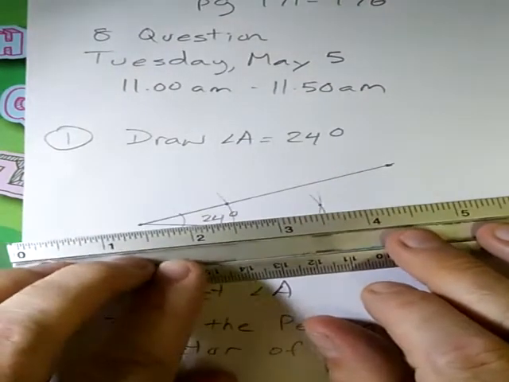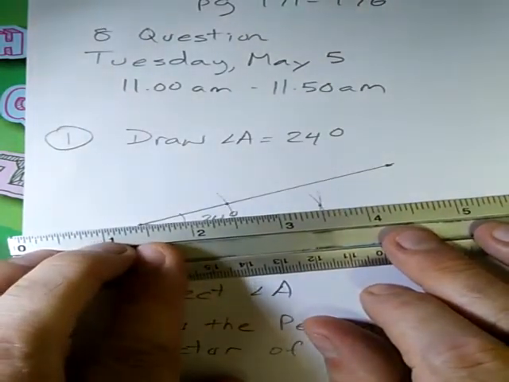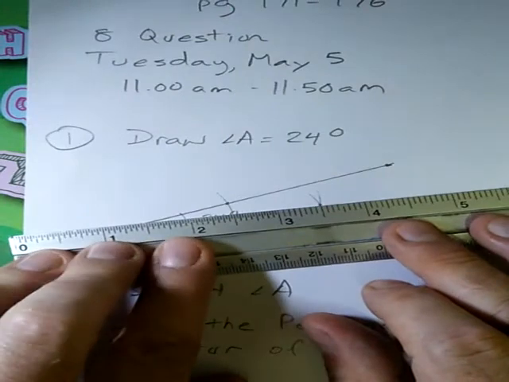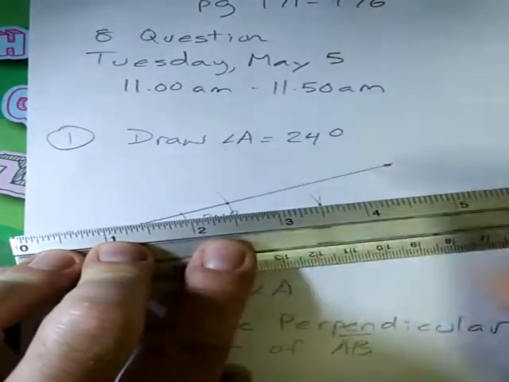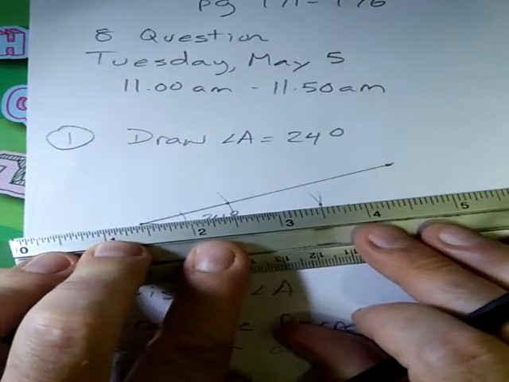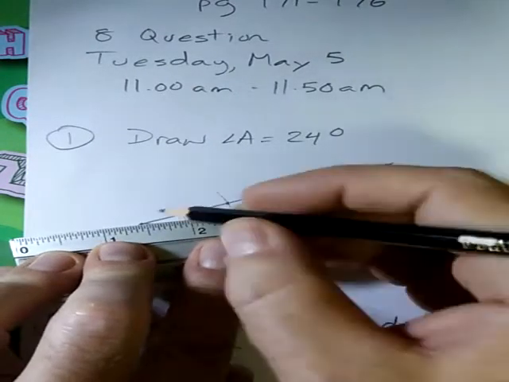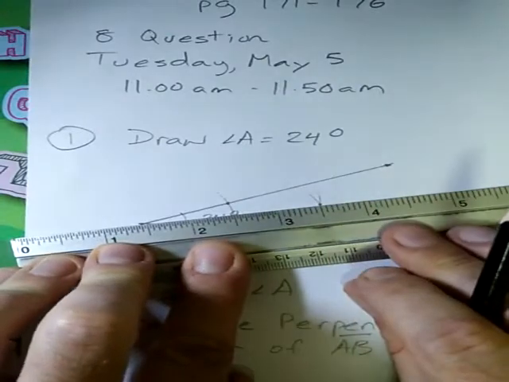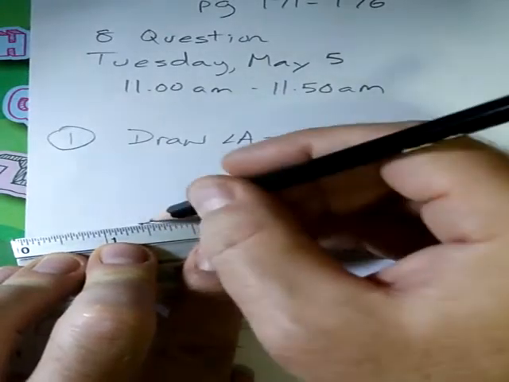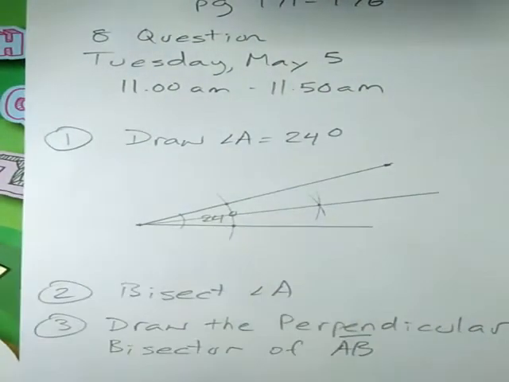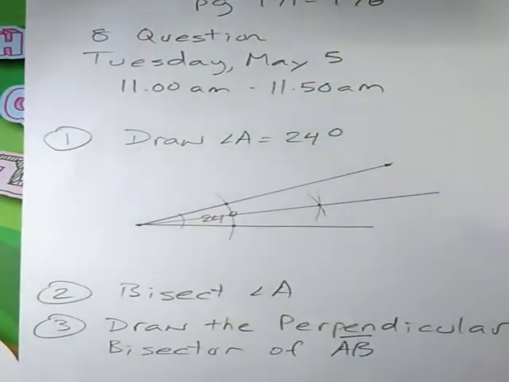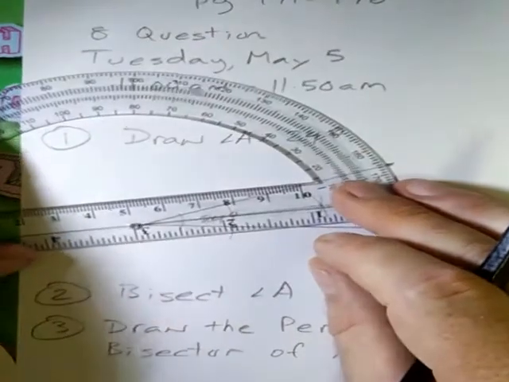So then I use my ruler and I line up from the point at the angle, and I'm going to draw a line from the angle, move down a little bit, and go through that point. And just to be sure, I'm going to measure, each of these angles should be 12 degrees.